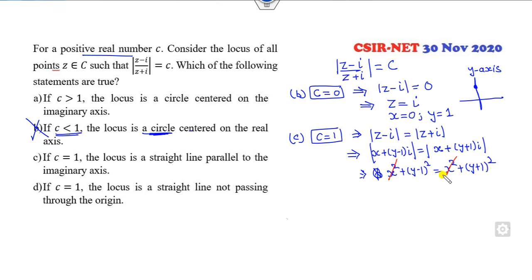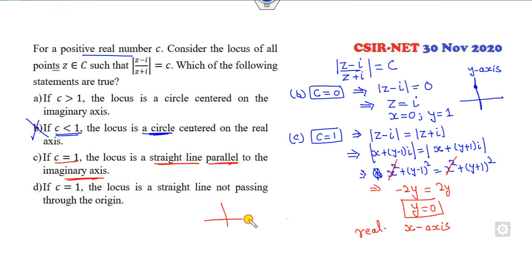So what will happen? If you open this bracket, it will be minus 2y on one side and plus 2y on the other, means y is equal to 0. So y is 0 means it is the x-axis, that is the real axis. So if C is equal to 1, the locus is a straight line parallel to the imaginary axis. That is a wrong statement, because we will get the real line. A straight line not passing through the origin, but the x-axis is always passing through the origin. This option is cancelled. The only left option A is the right answer.